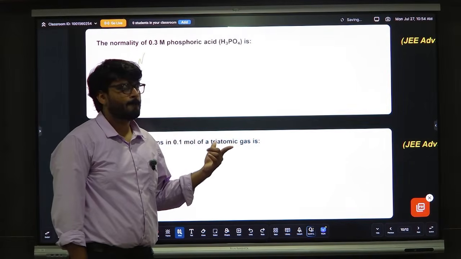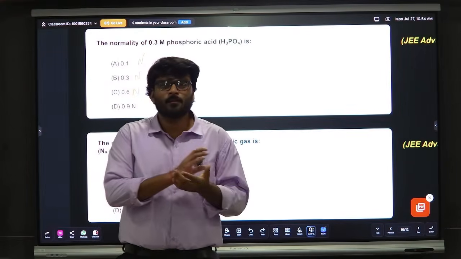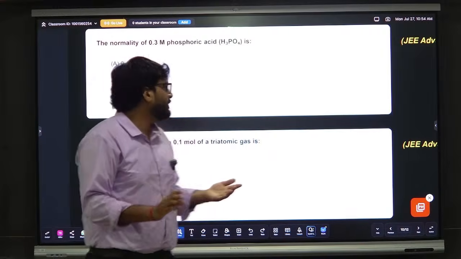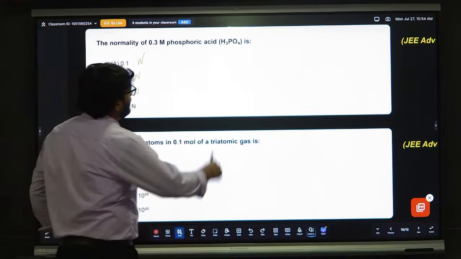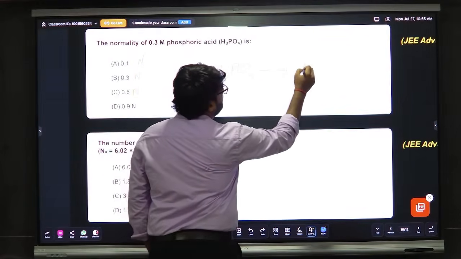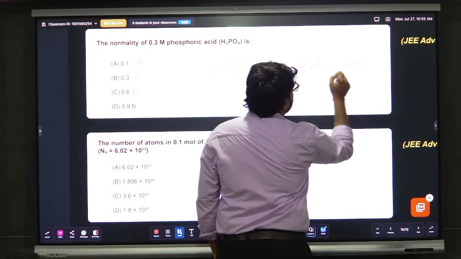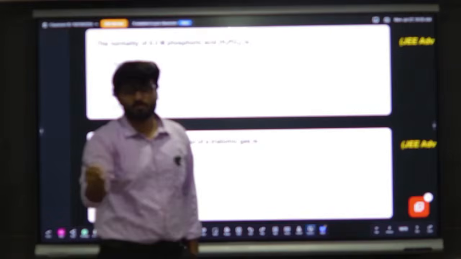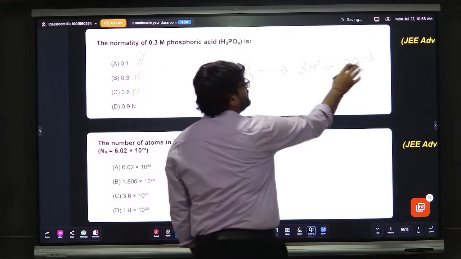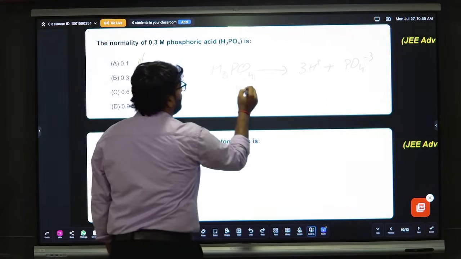It is like the amount of ions that increase. It can be the number of ions it is forming, or the number of electrons it is exchanging. Whatever it is, it will be your n factor. For example, in H3PO4, if you break it down, you get 3H plus and PO4 minus 3. So basically there is an exchange of 3 electrons. Yes or no? It is gaining 3 electrons, it is losing 3 electrons, hydrogens. So that's why n factor becomes 3.